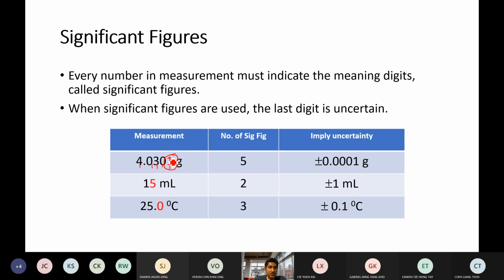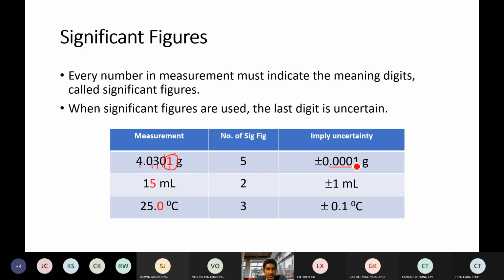It can change to 0302, 0305, until it goes up to 0.039. Beyond that, it will become 31. So this is why it has a significant figure.